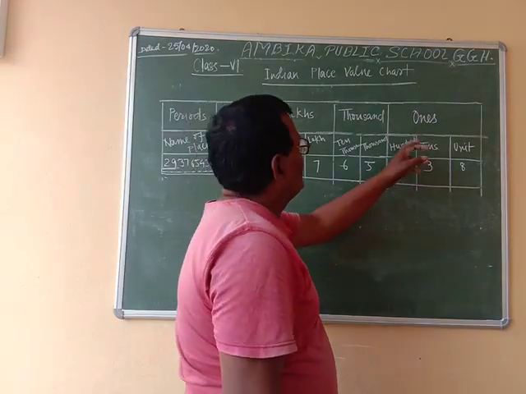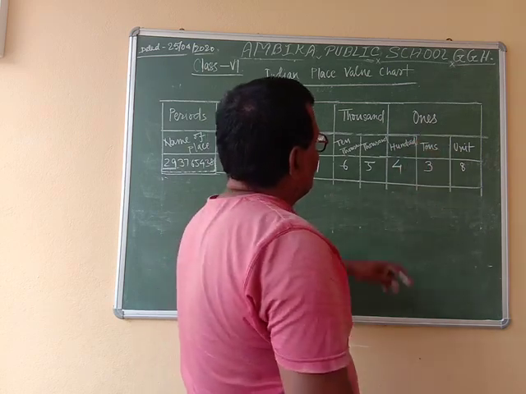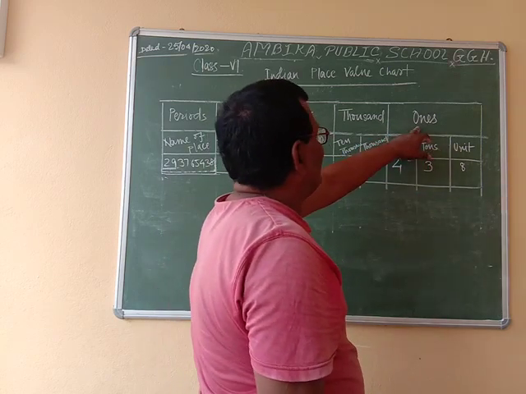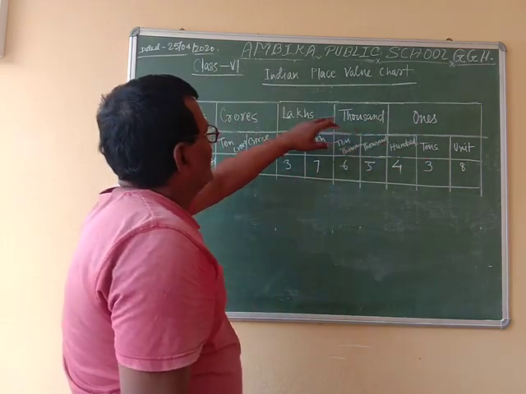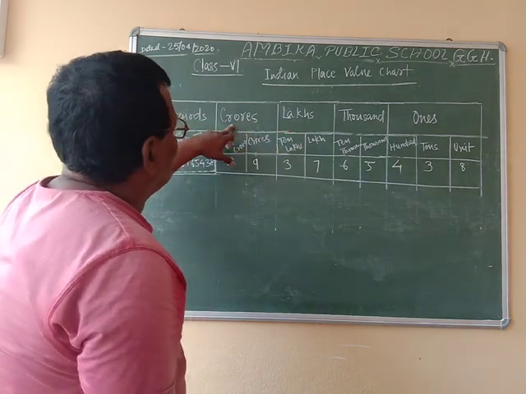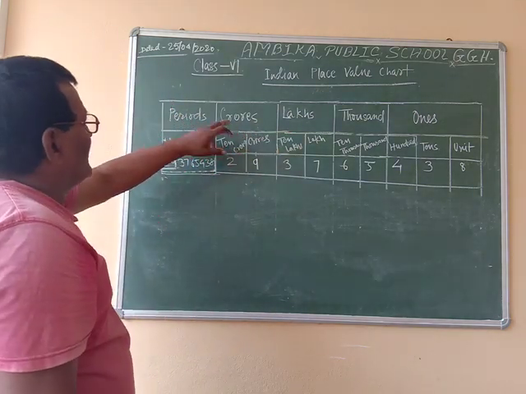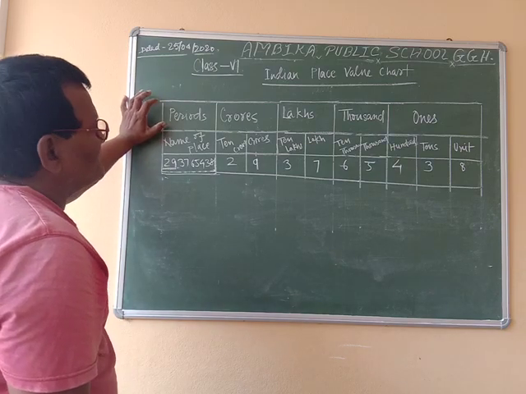First group from right, in the first group we write ones. In the second we write thousand. In the third group we write lakhs. In the fourth group we write crores. And the fifth group we can write periods.